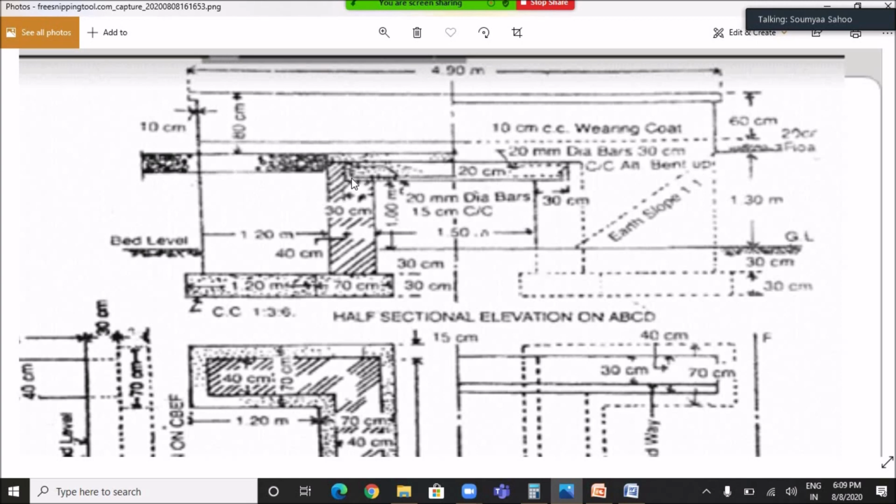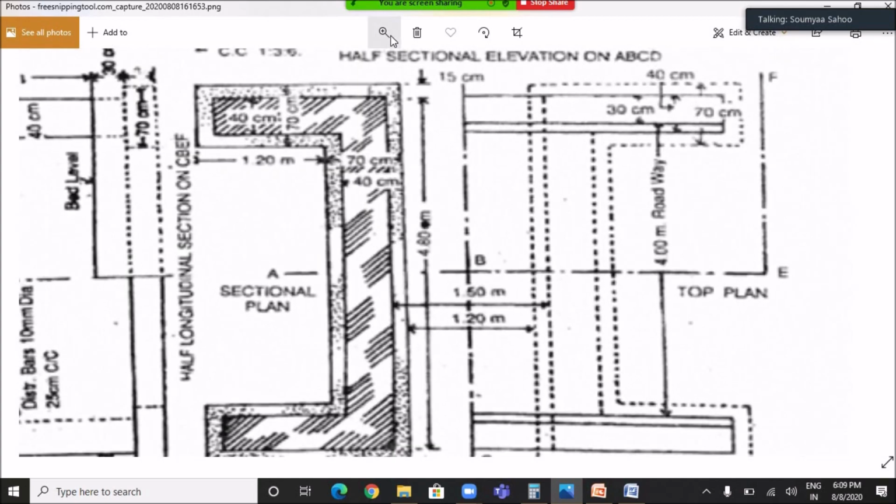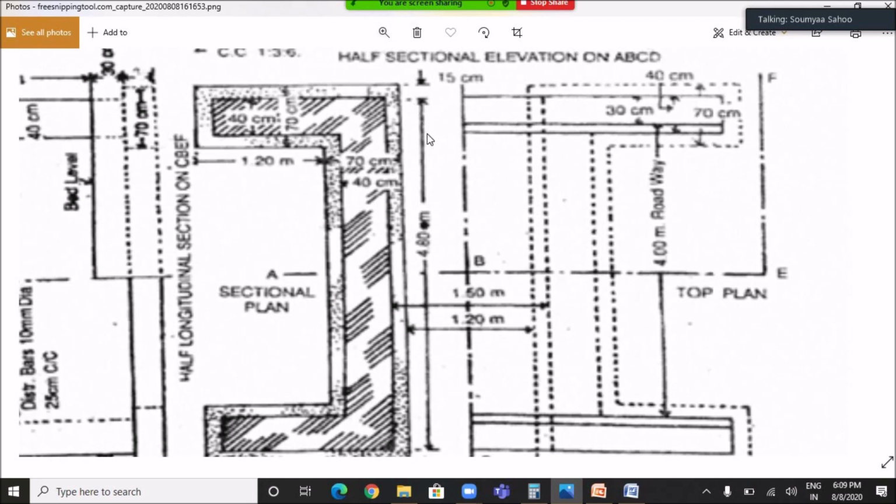So the breadth in this portion is 30 centimeter and the height is 20 centimeter. And what is the length of RCC slab? It is 4.8 meter. The RCC slab will have a length of 4.8 meter from this to this point.